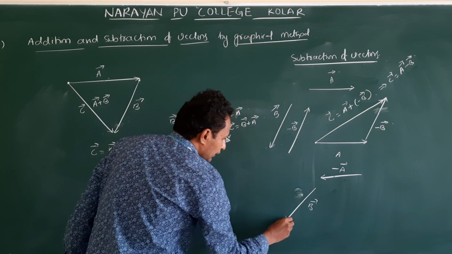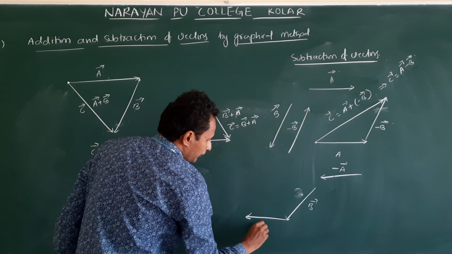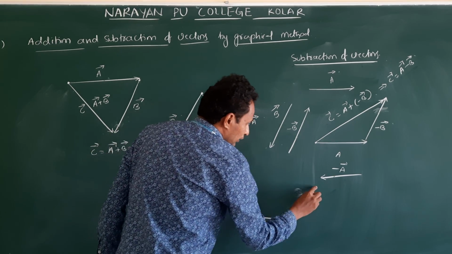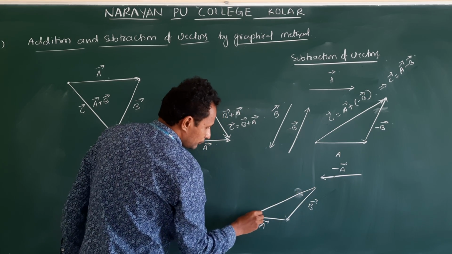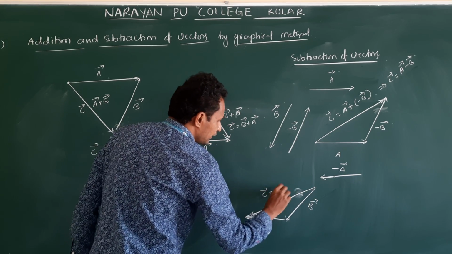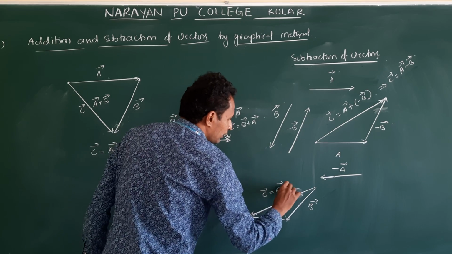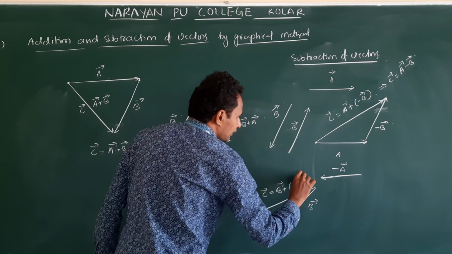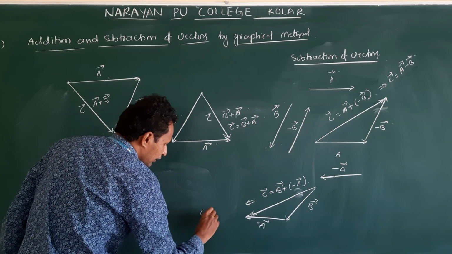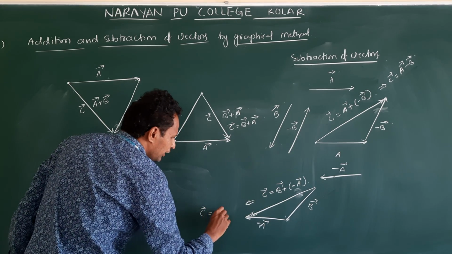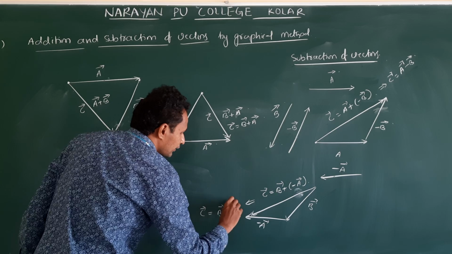Now shifting A here. Now head to tail, closing side. Then this will be C. How do we write C? B plus minus A. Then what do you get finally? C is equal to B minus A.